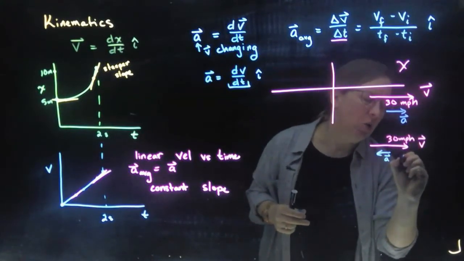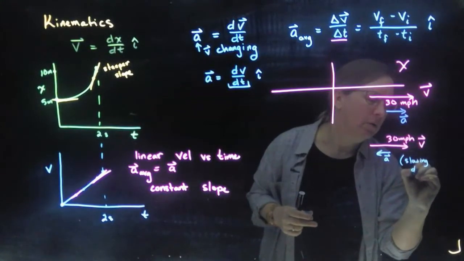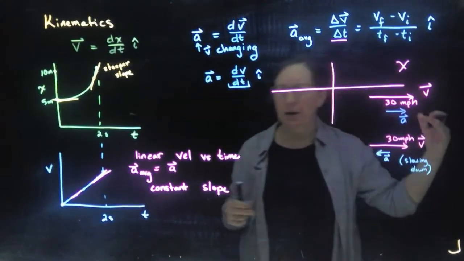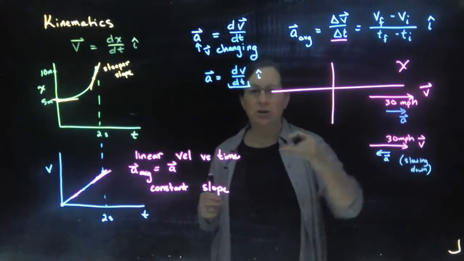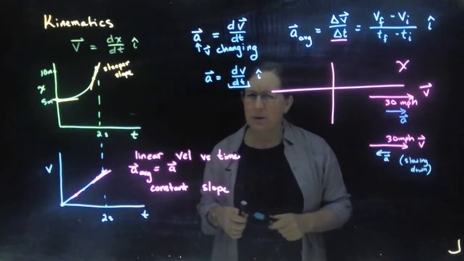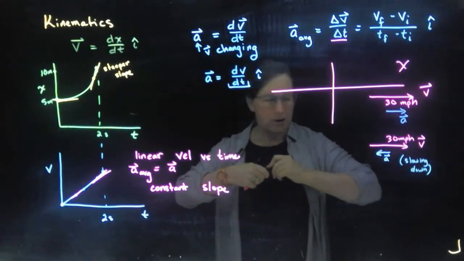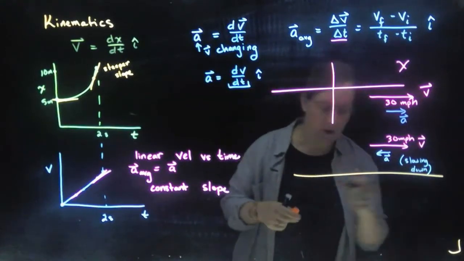This is slowing down, because the acceleration is in the negative direction. It's opposite to our velocity. But a negative acceleration doesn't always mean slowing down, because these signs are a little weird, okay?